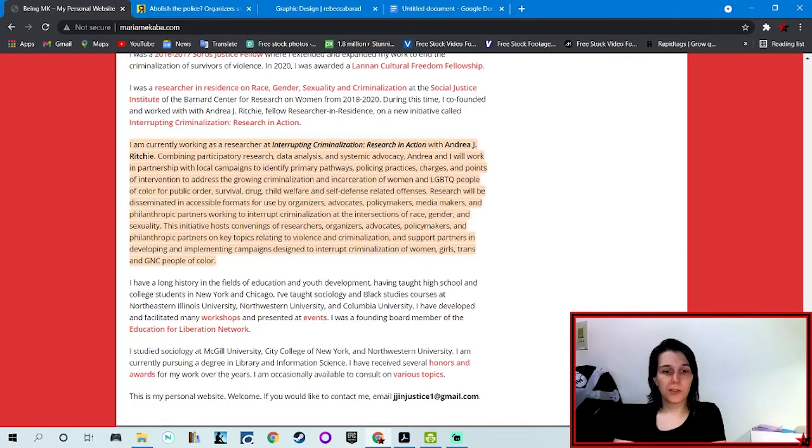This initiative hosts convenings of researchers, organizers, advocates, policymakers, and philanthropic partners on key topics relating to violence and criminalization, and support partners in developing and implementing campaigns designed to interrupt criminalization of women, girls, trans, and GNC people of color. So this is someone who, again, has a rich history of activism.